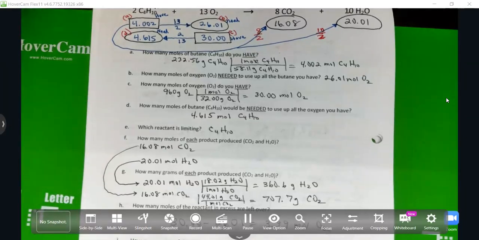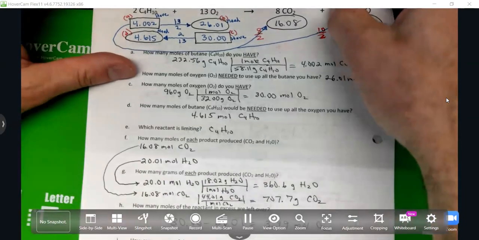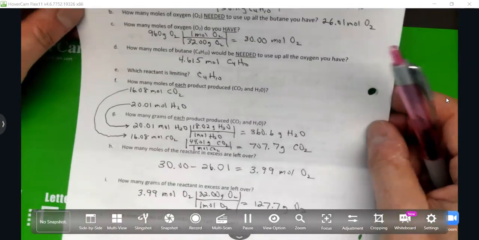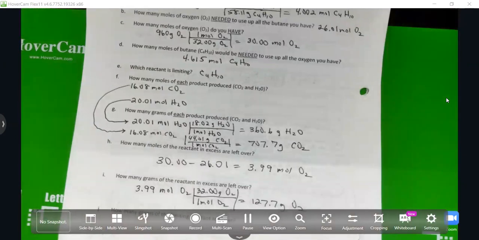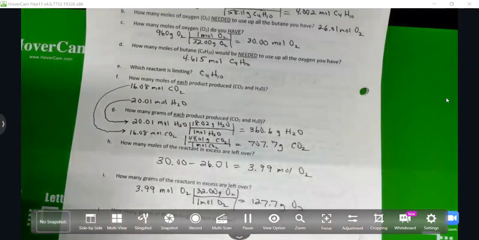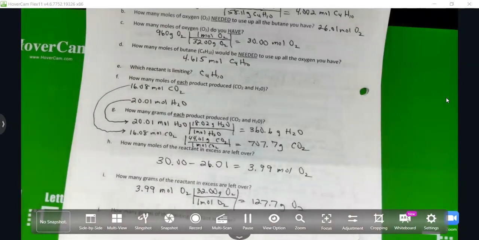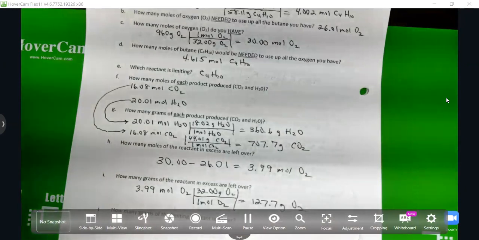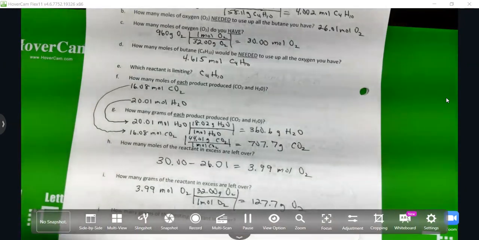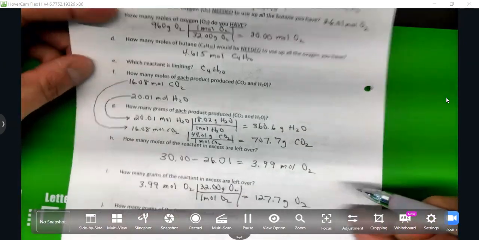So I'm going to do the very bottom here, kind of like I did last time. We need to check how many grams of total product we got out of this, and how many grams of reactants reacted. So my total grams of product.